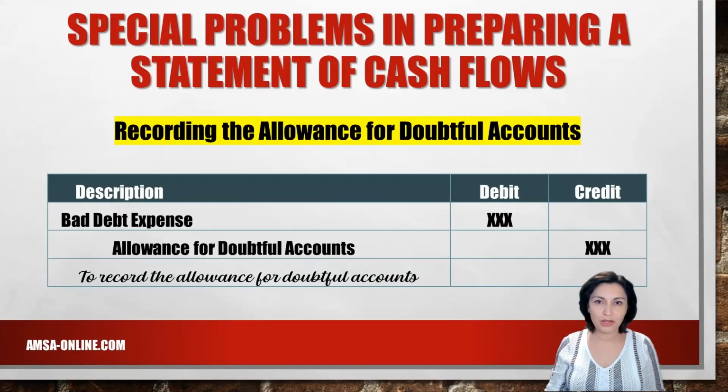When we record our estimated bad debt expense, we debit the bad debt expense account and credit the allowance for doubtful accounts. Note that cash is not involved in this transaction, but net income is decreased because bad debts expense is increased. Therefore, an adjustment is required to determine the cash flow from operating activities.